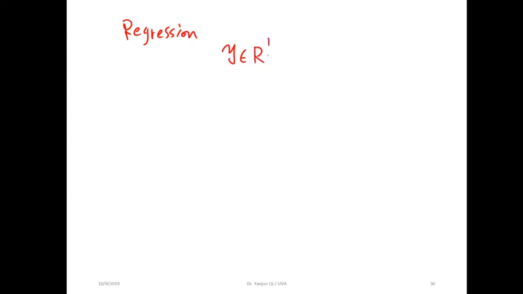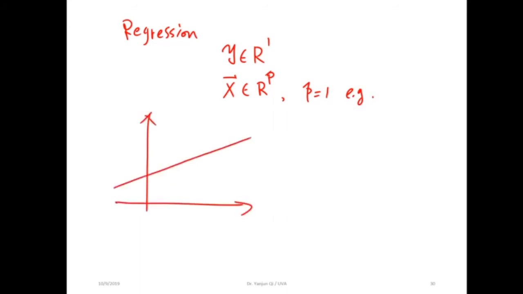The output is only one y, and x is a vector from Rp. Maybe let's assume, for example, p equals 1. And we normally write something very similar to this. So this is x, this is y.